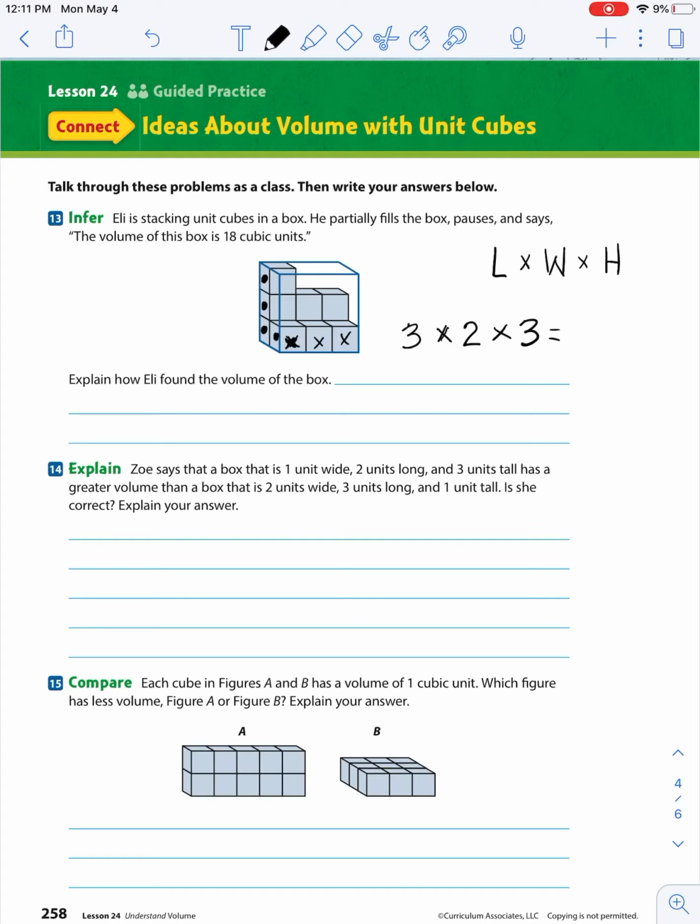So explain how Eli found the volume of the box. He found the dimensions of his box.